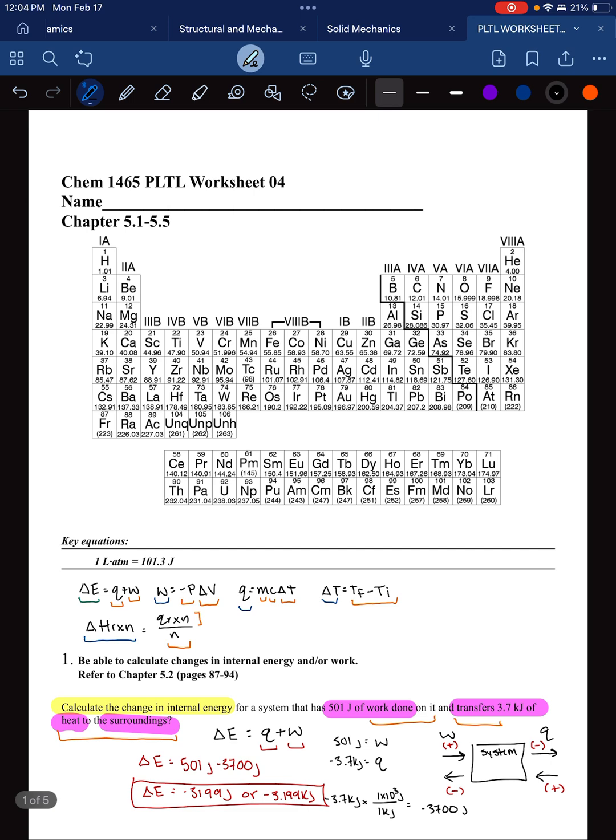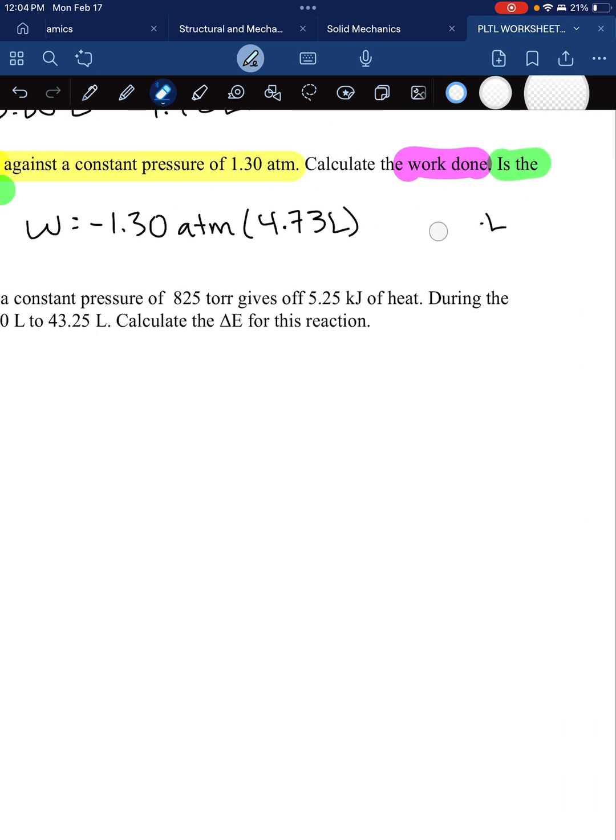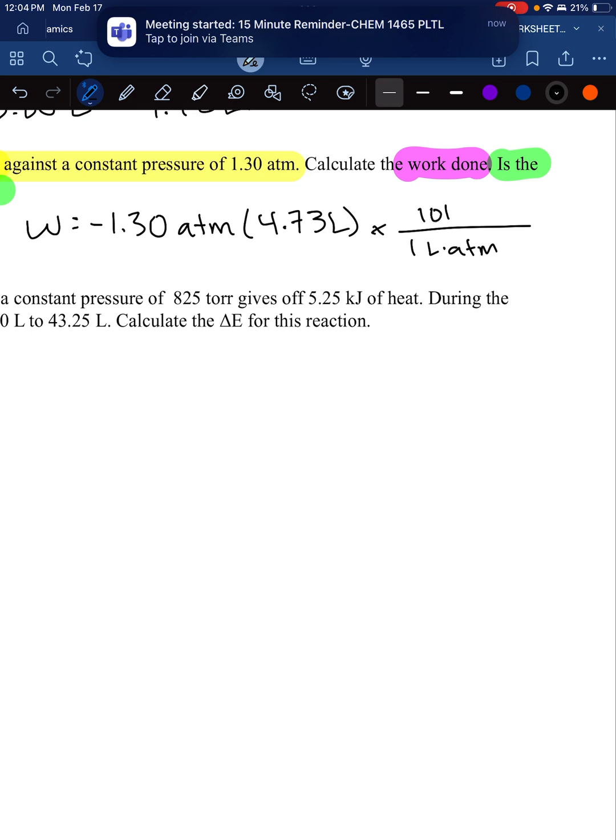So if you look back at the front page, it says 1 L atm equals 101.3 joules.